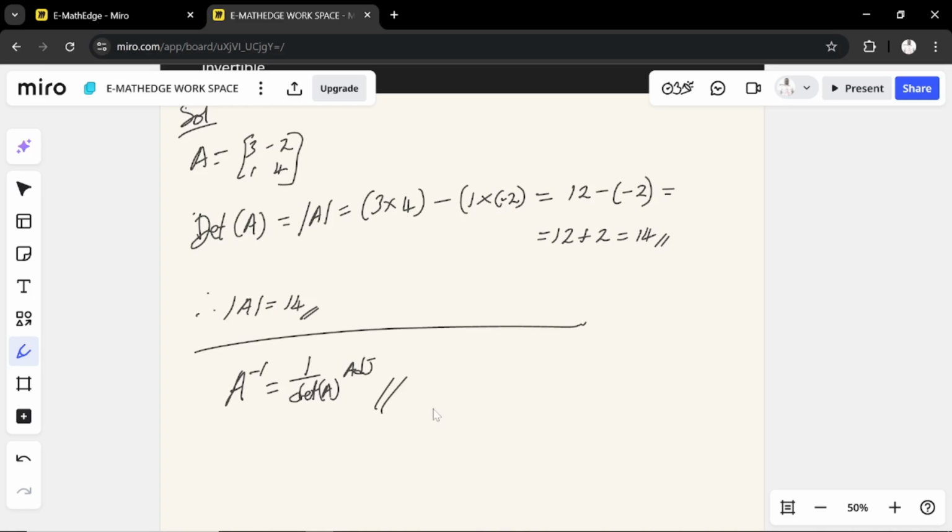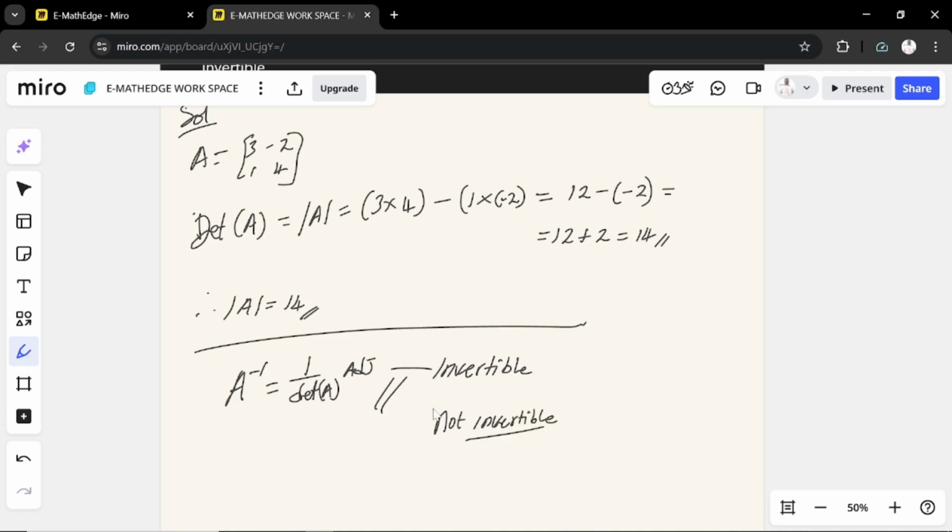This is the formula for finding the inverse of a matrix, right? So if you are able to obtain the inverse of a matrix, that simply means the matrix is invertible. But if the determinant of matrix A is 0 and you are not able to obtain the inverse, it means that matrix is not invertible.